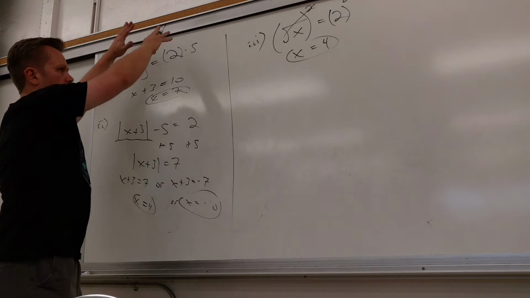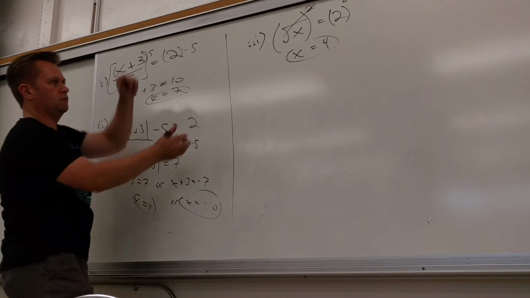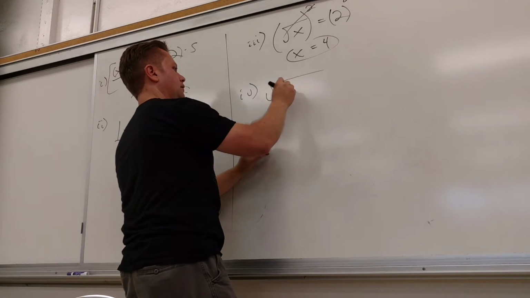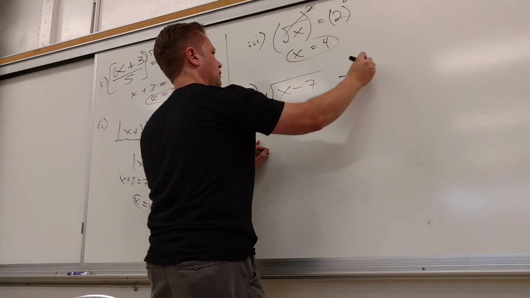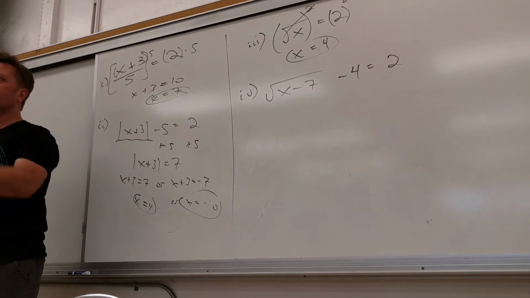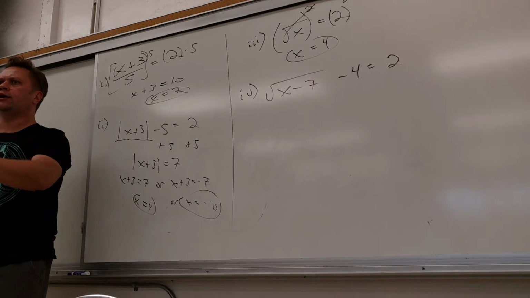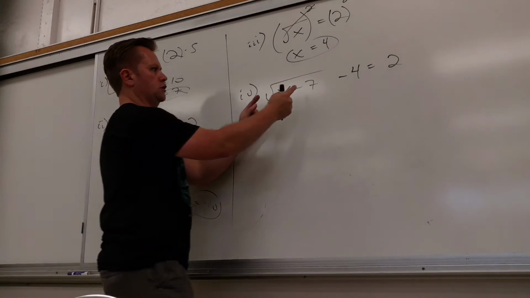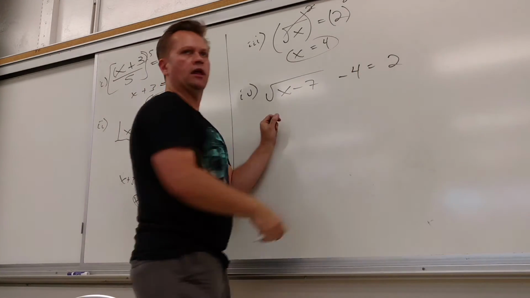So here's what my other point with this was. If I squared both sides right now, what people wish would happen is you would square this, and you would square that, and you would square that.